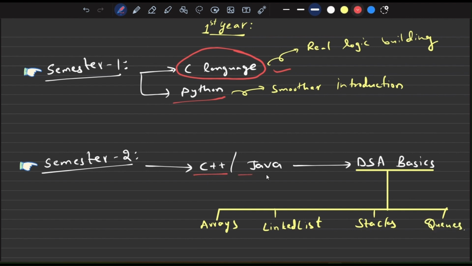Both C++ and Java are good for DSA. In C++ we have the Standard Template Library, whereas in Java we have the Collections Framework. But syntax wise, C++ has less syntax and Java has somewhat more complex syntax.